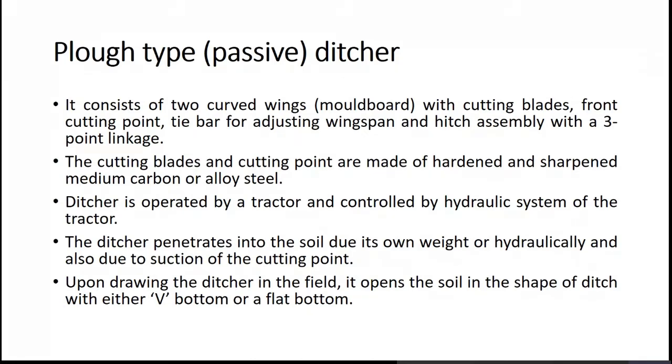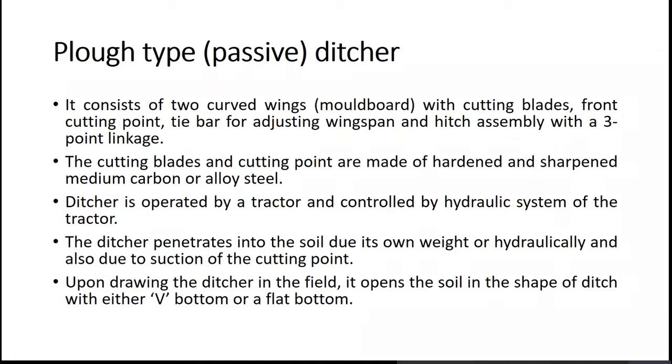It consists of two curved wings with cutting blades. So the edges of the moldboard will have some cutting blade which will help in opening and cutting the soil. In front there is the cutting point, the pointed part, because in order to attack the soil, the edges have to be pointed and sharp.